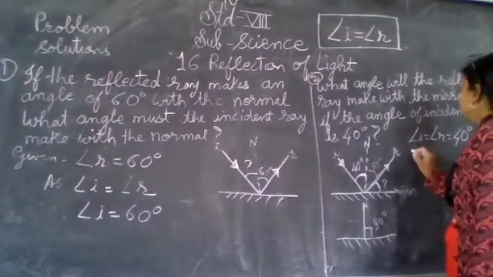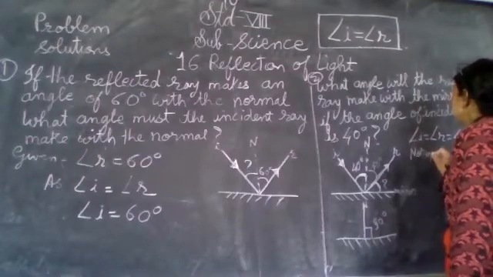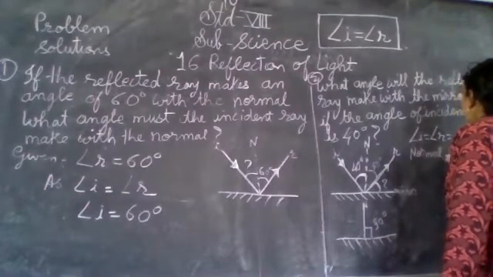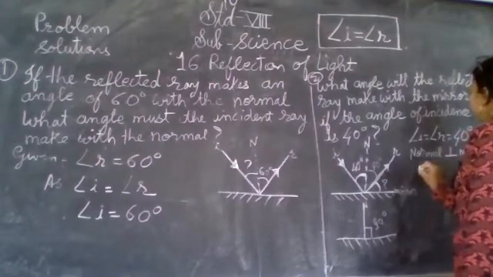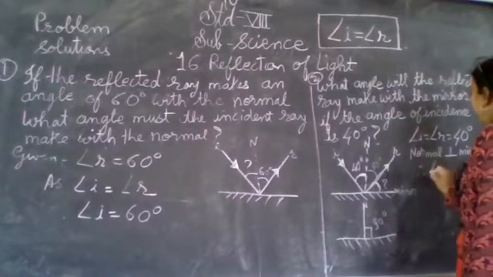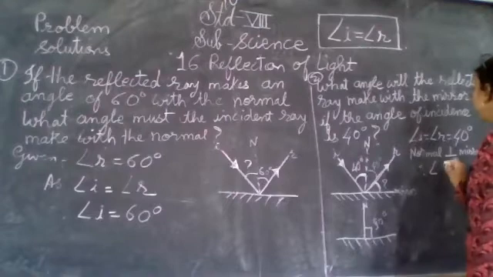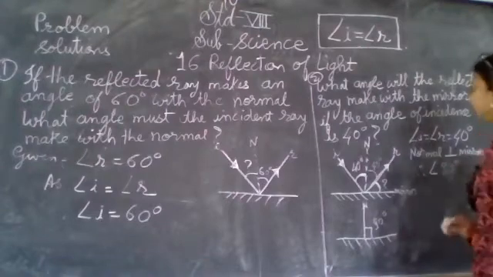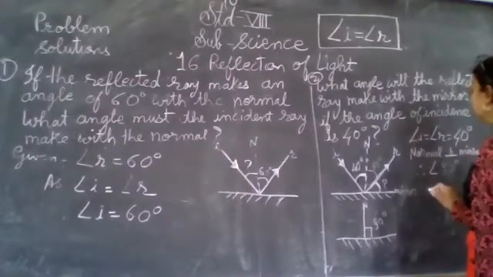So, the normal is perpendicular to the mirror. Therefore, the angle between the normal and the mirror is going to be 90 degrees, that is a right angle.